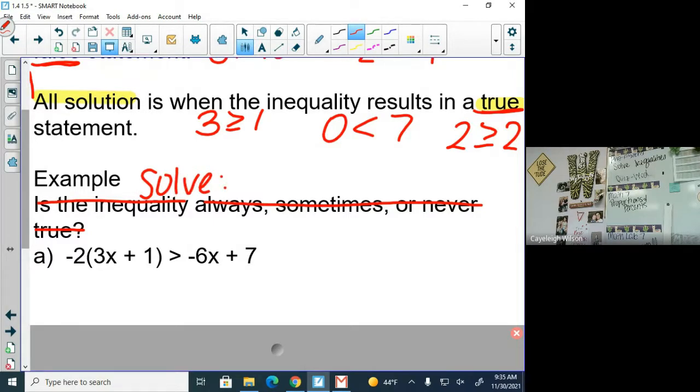In my old book, when I taught this, they called it always, never, or sometimes. But I never liked that. So I just want you to solve it. If it's an answer, then it's an answer. If it's no solution or all solution, then that means all the variables canceled out, and you are left with something true or false. So you'll just have to determine that.